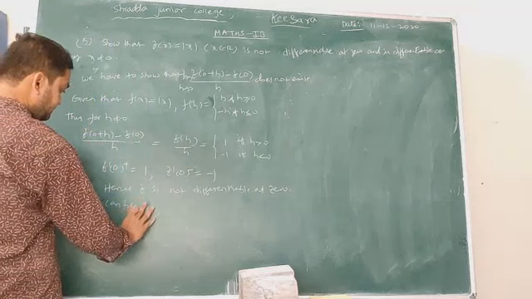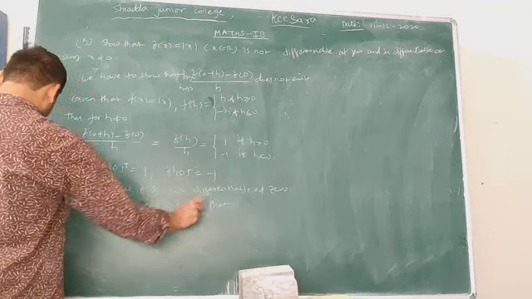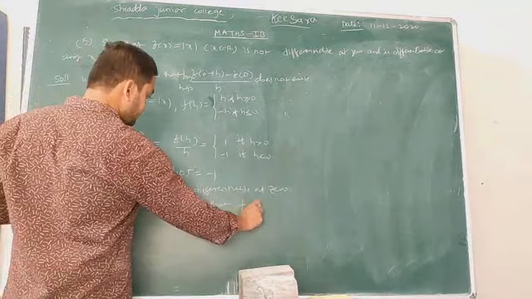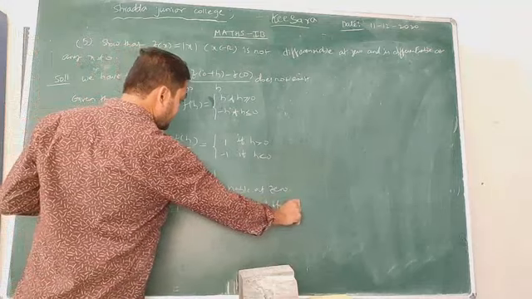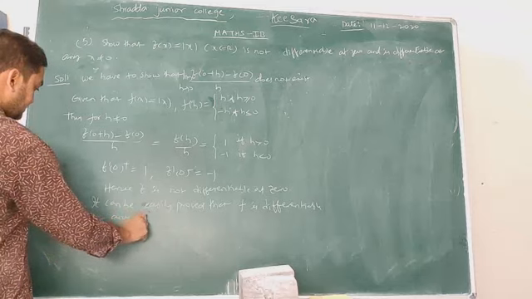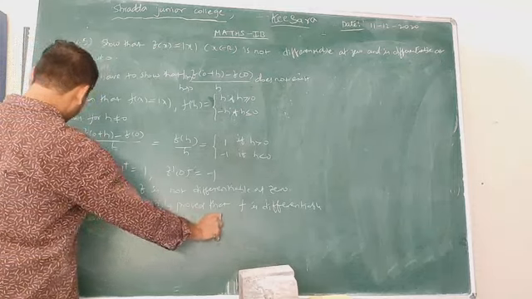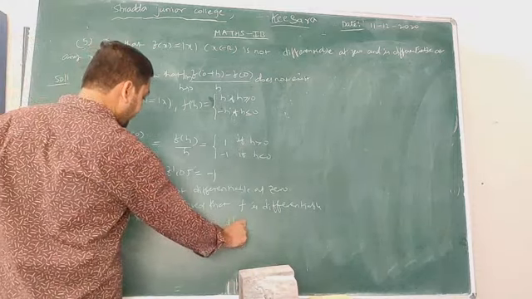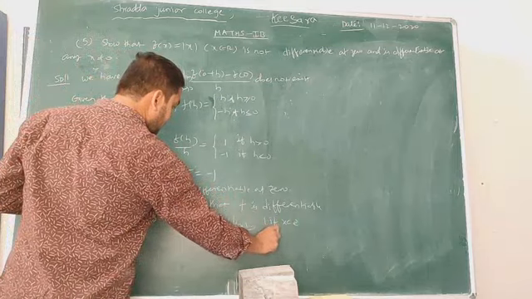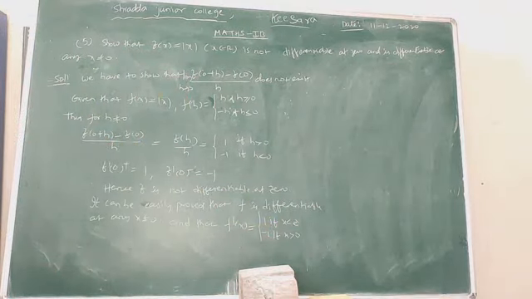It can be easily proved that f is differentiable at any x not equal to 0, and that f dash of x equals 1 if x is greater than 0, and minus 1 if x is less than 0.